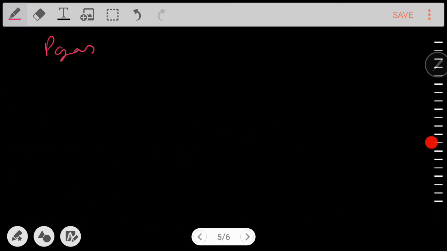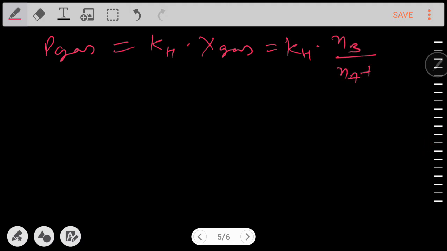P gas is equal to KH into X gas, where X gas is equal to Nb upon Na plus Nb.